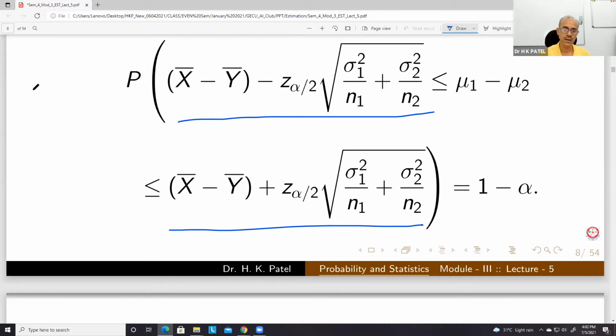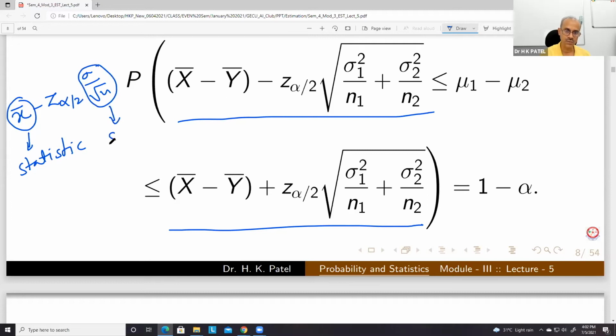In the last case, if you remember, it was like this: x bar minus Z alpha by 2 times sigma upon root n. So if you compare this with this, this was their statistic, and this is the standard error of the statistic.